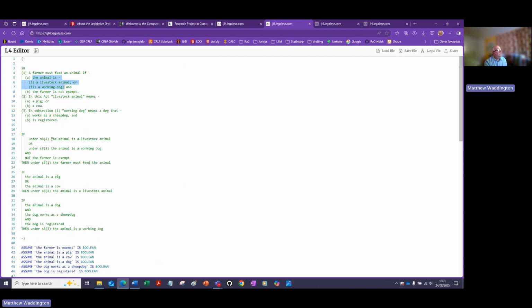But the difference, a working dog is not a sentence. So we're only talking about grammar, use of English in the ordinary way that drafters use English, but it happens to reflect how propositional logic works, but you don't need to know about propositional logic. But the point is, it needs to be a complete sentence, or as you might say, an independent clause.